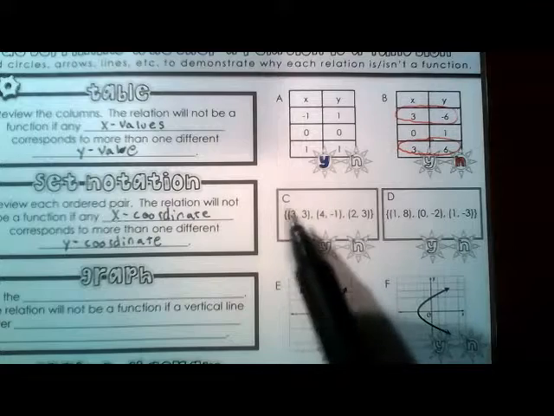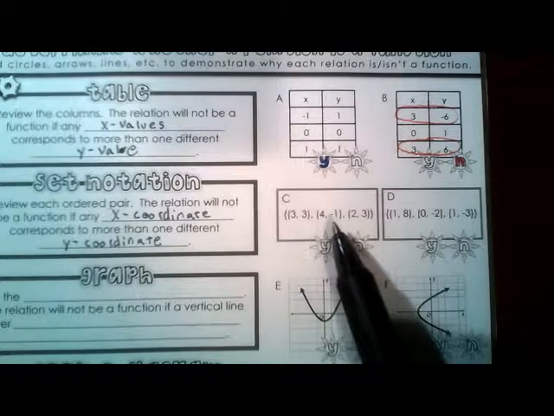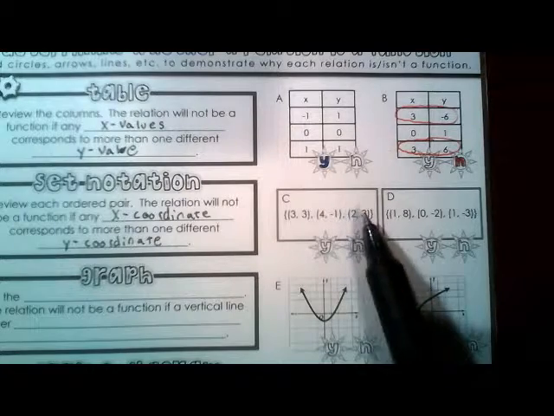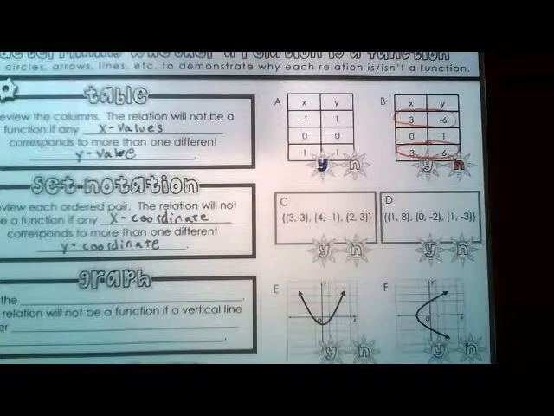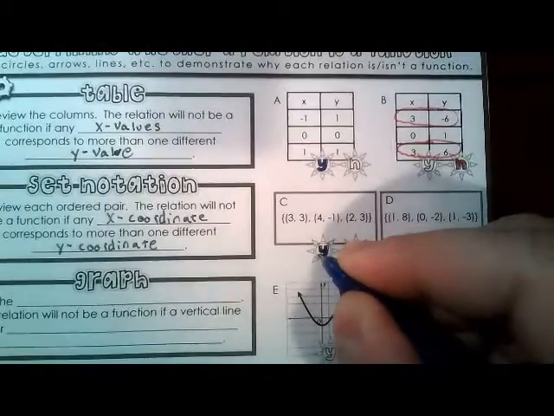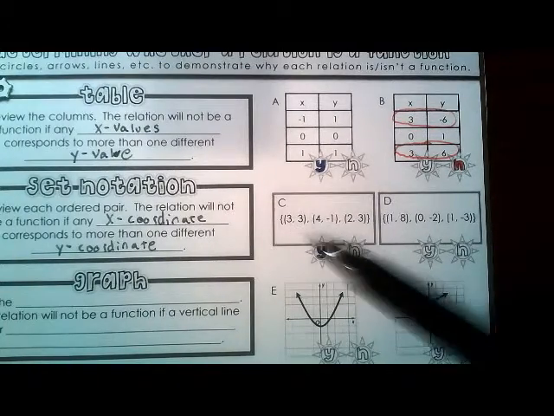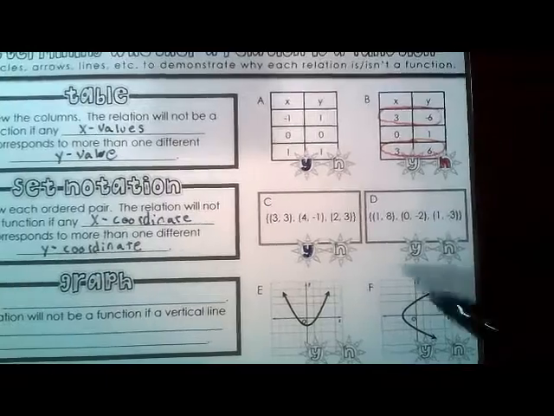And let's look here. 3 goes to 3, 4 goes to negative 1, 2 goes to 3. Well, that one's good. That's definitely a function. You don't see any x coordinate going to anything other than what's given, right? 3 goes to 3, doesn't go to anything else.